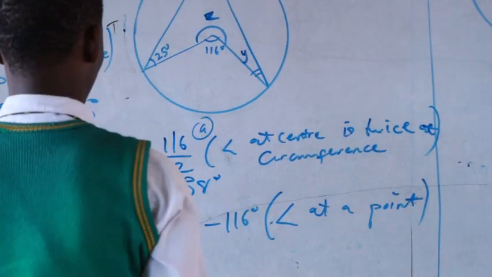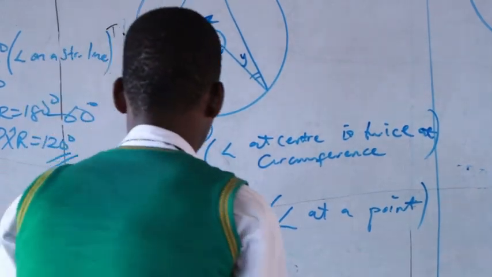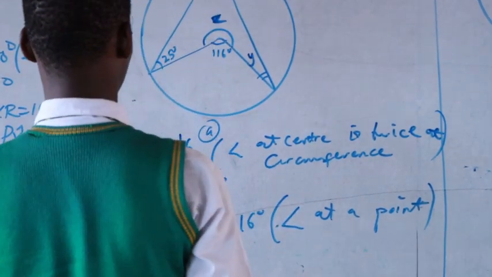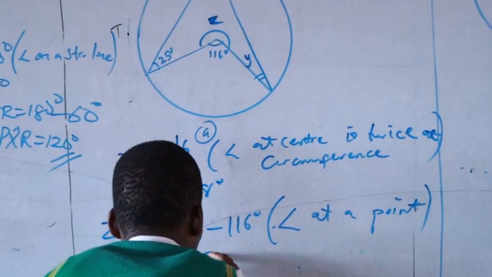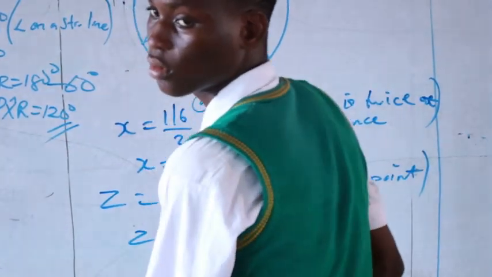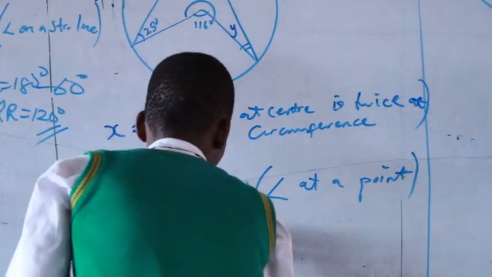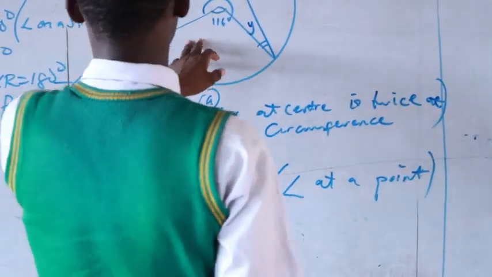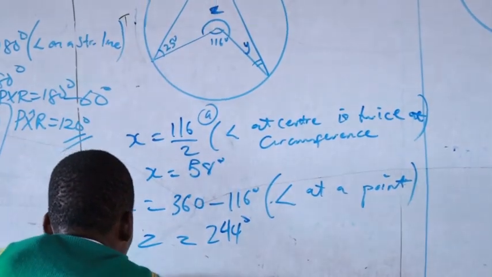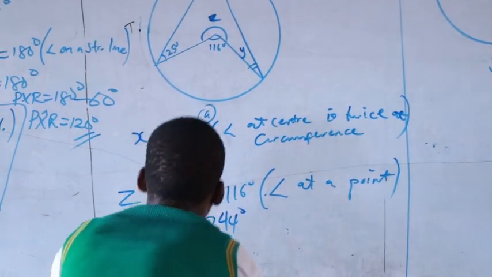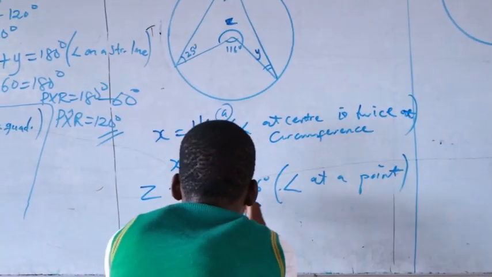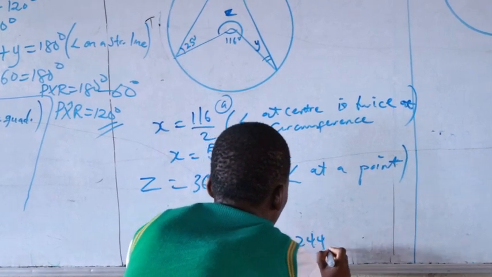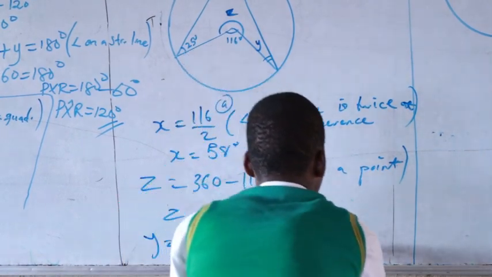So one was at the points. That's 244, right? What is green? So we need to get y. Y is 360 minus the addition of 58 plus 244 plus 25.